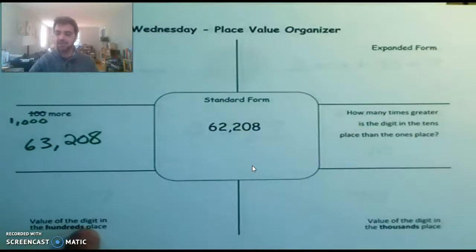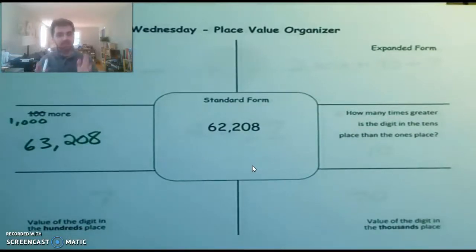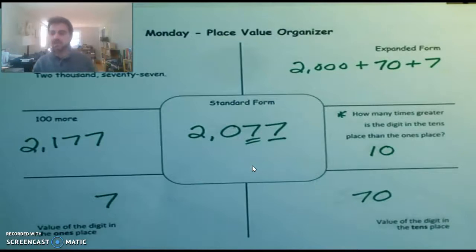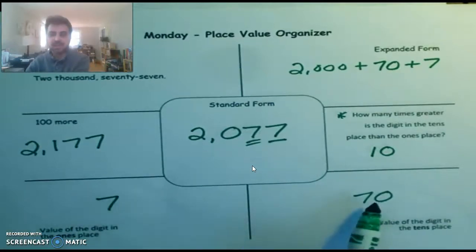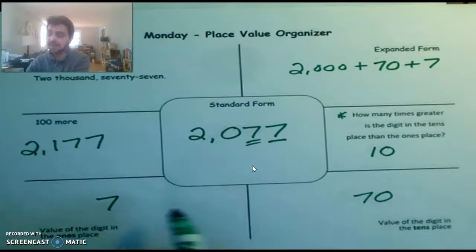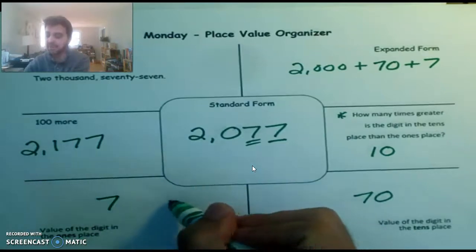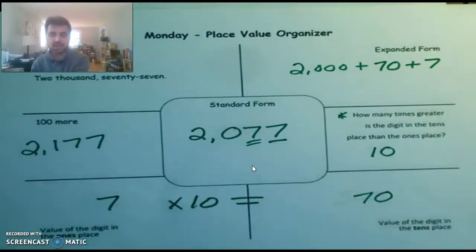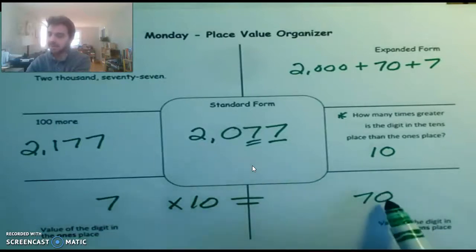As usual, we're going to do this last. But before we do that, let's go back to what we did on Monday. We discovered that 70 is 10 times greater than 7. So 7 times 10 equals 70. When you multiply something by 10, it ends up with an extra 0 at the end of it.